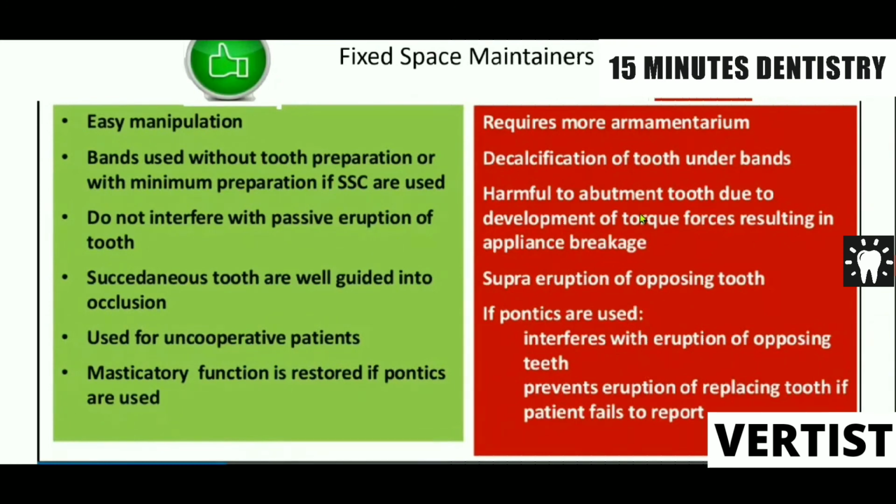But that is the case with removable ones as well. Then supra-eruption of opposing teeth is never prevented, and if pontics are used, they can interfere with eruption of opposing teeth and prevent the eruption of the replacing tooth if the patient fails to report. Suppose we have placed a fixed space maintainer and the patient does not report to us for the next 2 or 3 years, it can prevent the eruption of the succedaneous tooth.